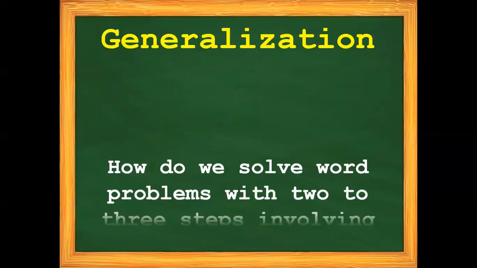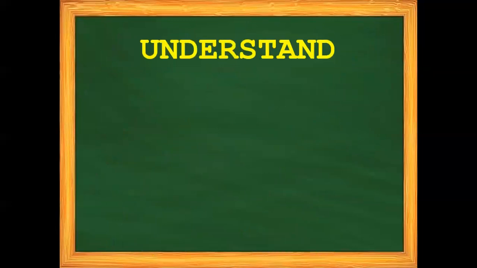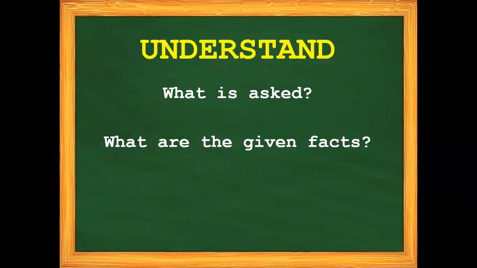Always remember, how do we solve word problems with 2 to 3 steps involving division of decimals? So first, we have to understand the problem. We have to answer what is asked and what are the given facts.